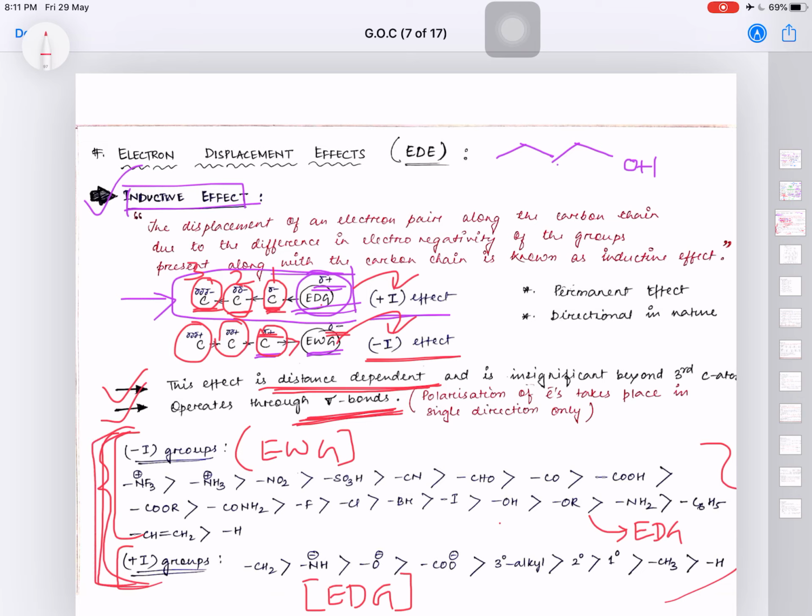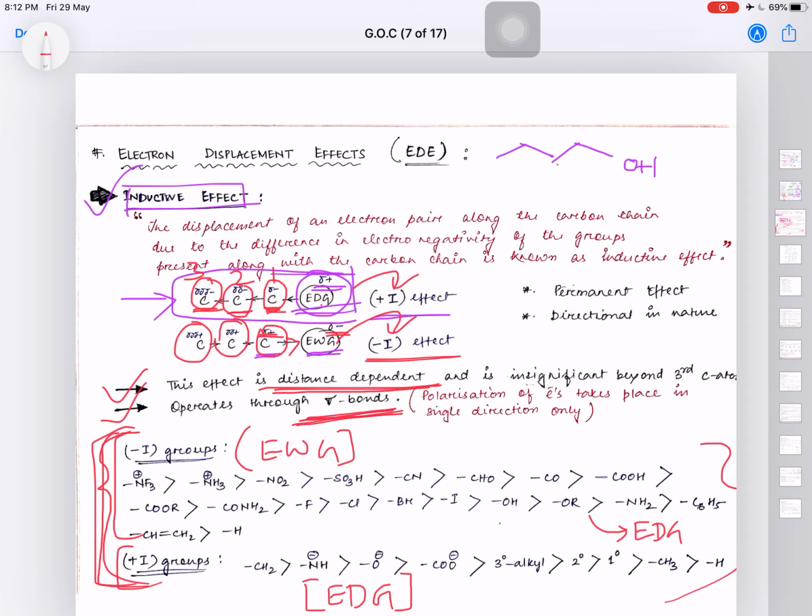In the exam they can give you questions. They will give you four structures, four molecules, and they will ask you which one has higher electron donating effect or higher electron withdrawing effect, or stability of which carbocation will be higher or which will be less. Because just now while discussing carbocations and carbanions, we found that an electron donating group stabilizes a carbocation and an electron withdrawing group stabilizes a carbanion.